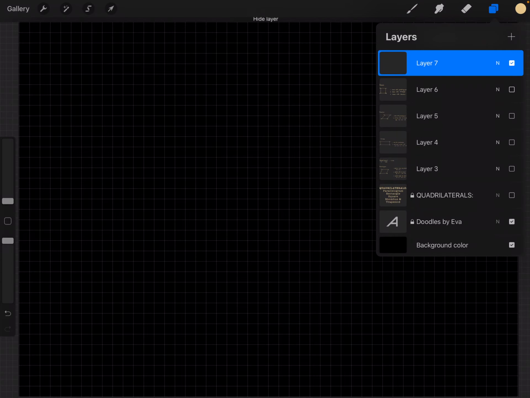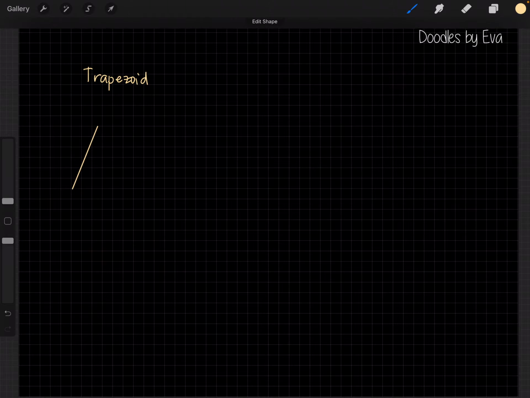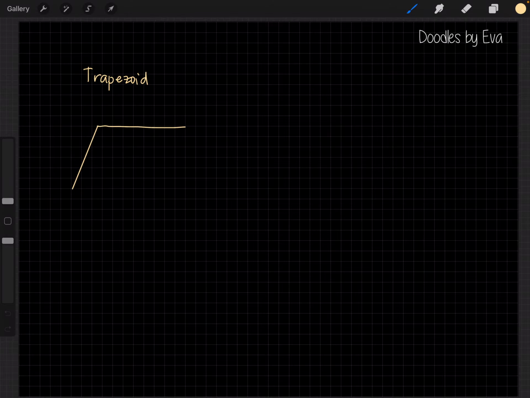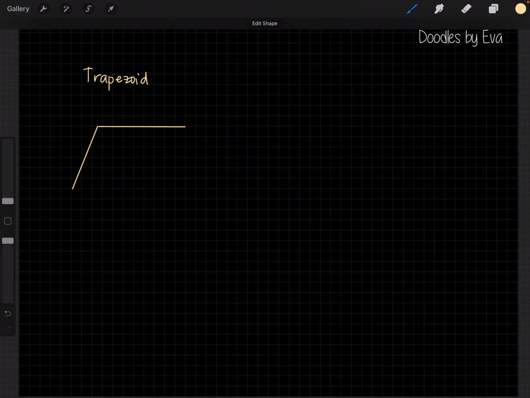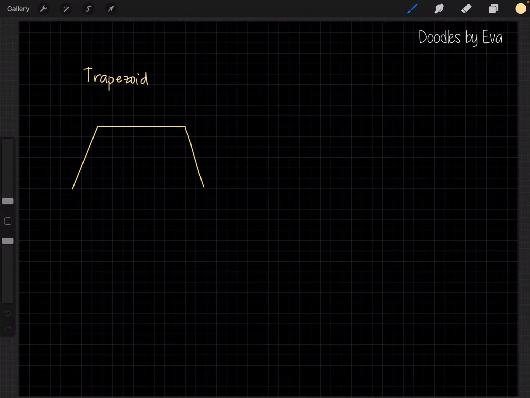Now, let's move on to the last one, which is the trapezoid. Okay, trapezoid. Let's draw a trapezoid here. This one's a trapezoid.